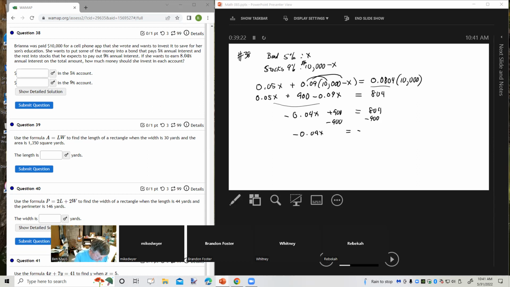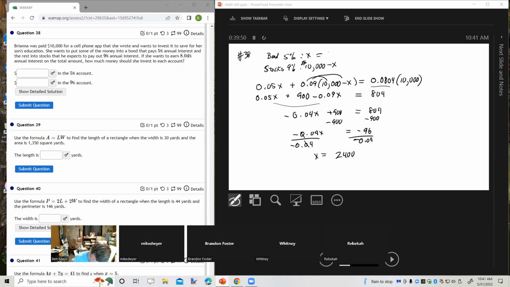Negative, let's see, if we take 804 minus 900, negative 96. So now we divide both sides by negative 0.04. And negative divided by negative is positive. 96 divided by 0.04 is $2,400.